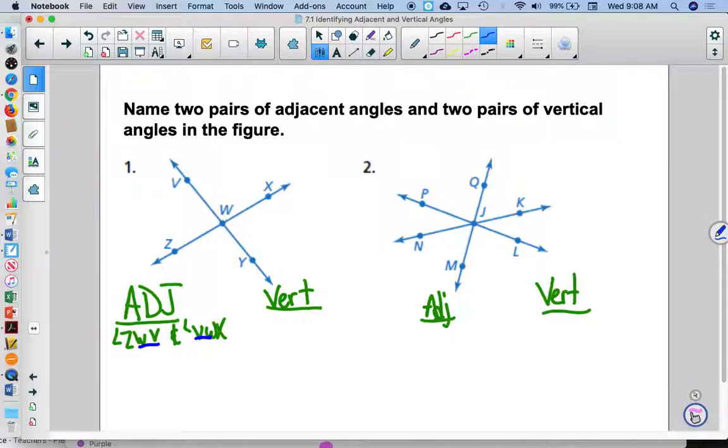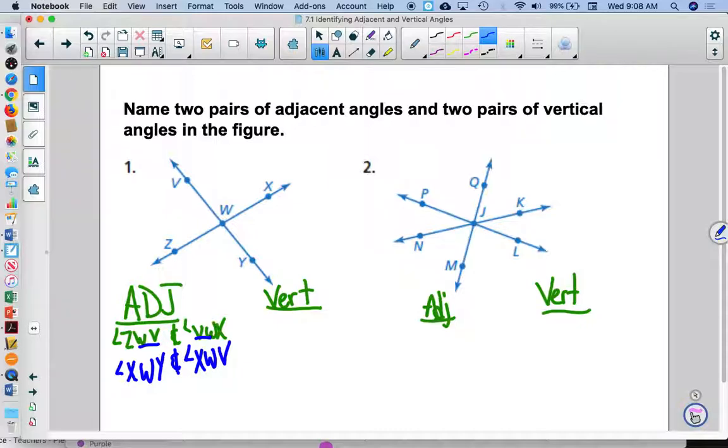All right, give me another set, Miss Zoe says XWY, okay. And XWY and XWV. Good. Angle XWV.